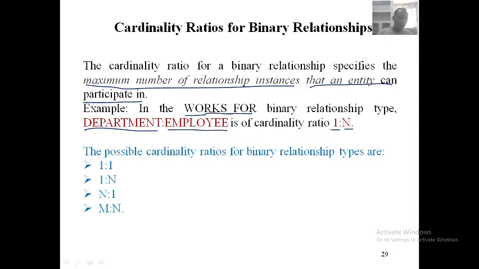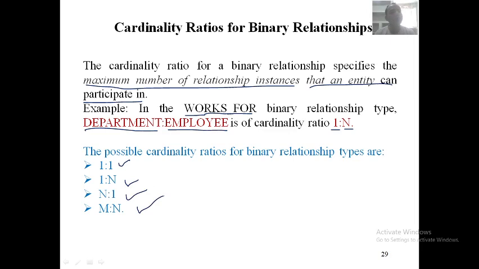Now, see here now. Which are the possible cardinality ratios for binary relationship types? One is 1 is to 1, second one is 1 is to n, then n is to 1, and m is to n.